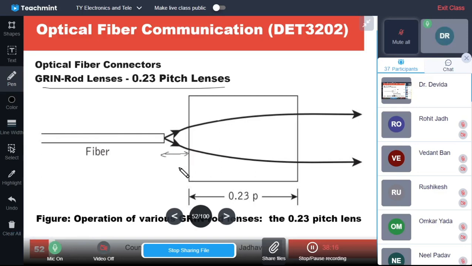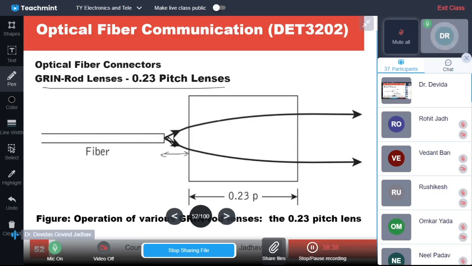So very easily you can put the fiber away from the lens, and applying pressure on the fiber to remain with zero gap is not required. So this is the lens having 0.23 pitch, the 0.23 pitch lens.